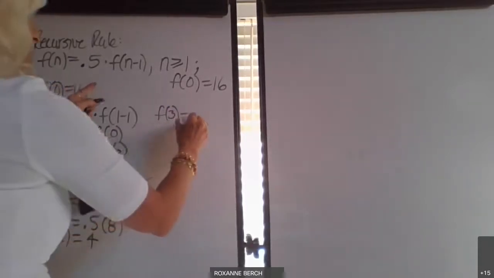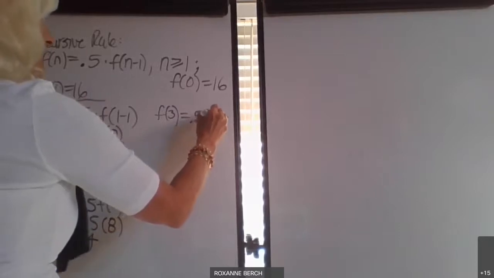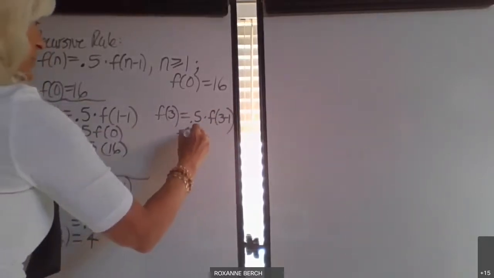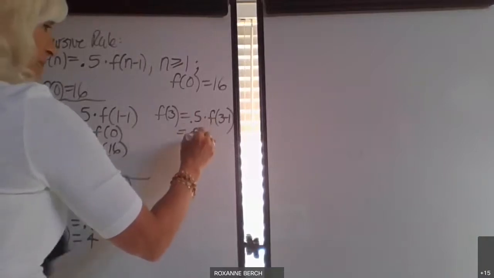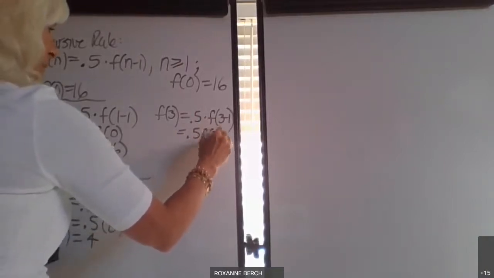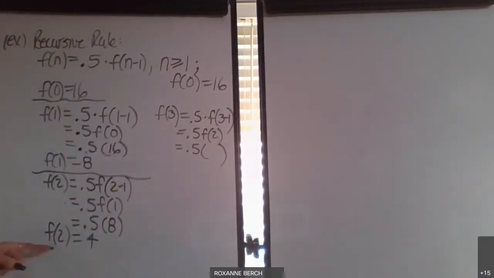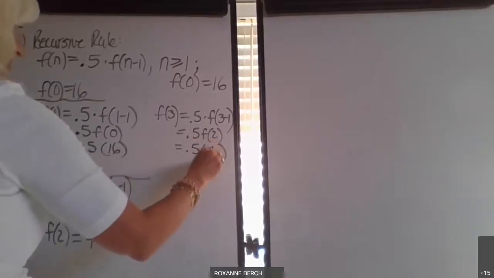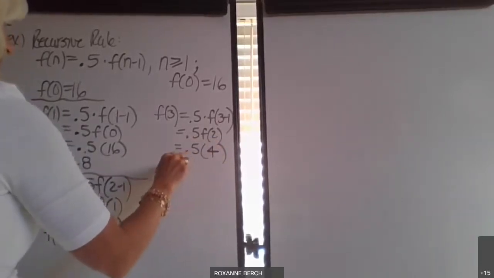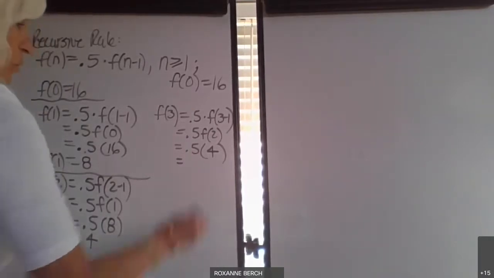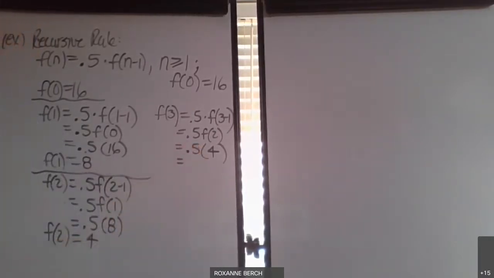So now we go to f of 3. That would be 0.5 times f of 3 minus 1, which is 0.5 times f of 2. Well, what's f of 2? 4. So what's 0.5 times 4? 2.